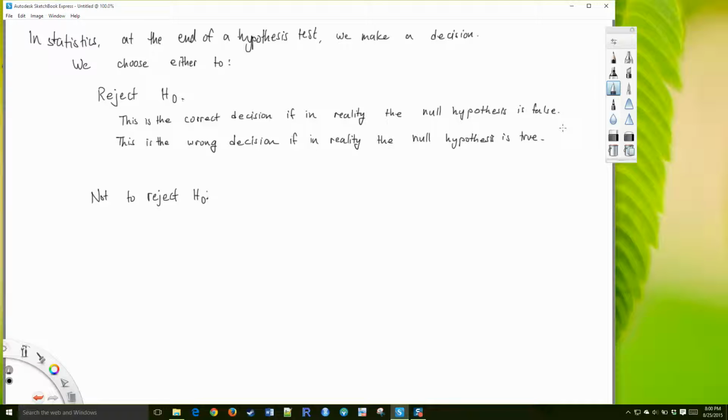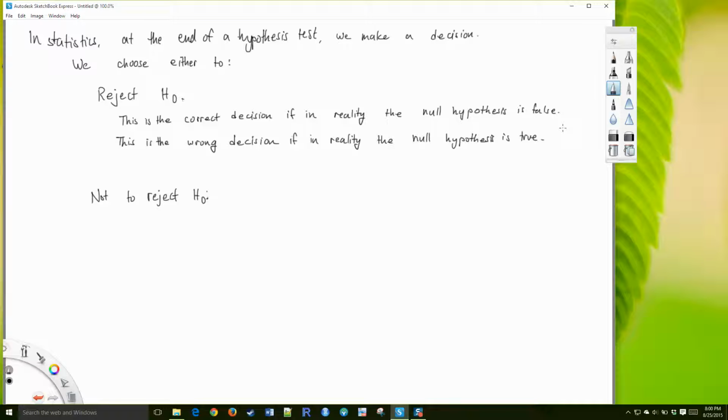With a hypothesis test, based on the data we've seen, we're saying I'm going to reject the null hypothesis, or I'm not going to reject the null hypothesis. If we reject the null hypothesis, that's the correct decision if the null hypothesis is actually false. However, it's the wrong decision if in reality the null hypothesis is true.